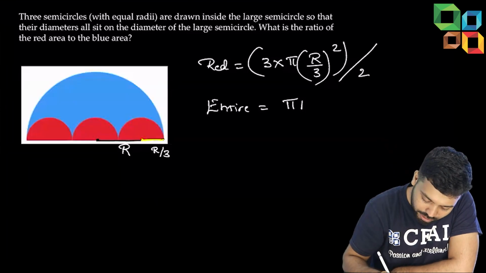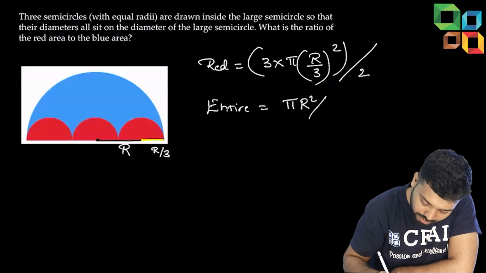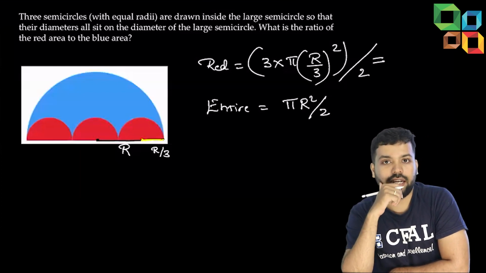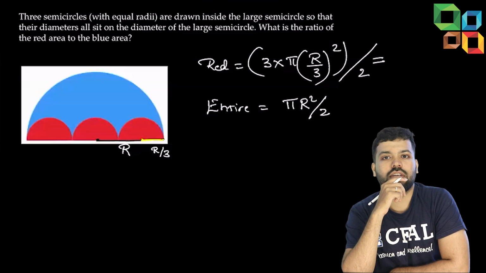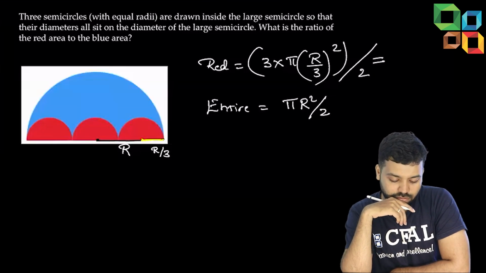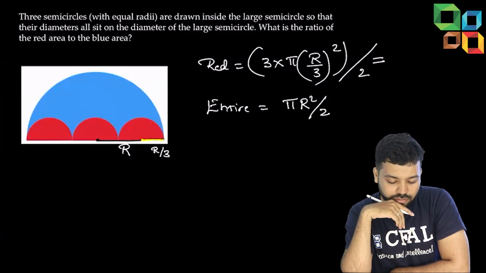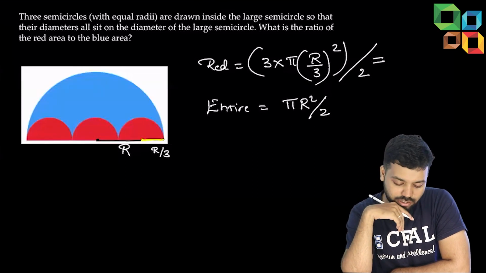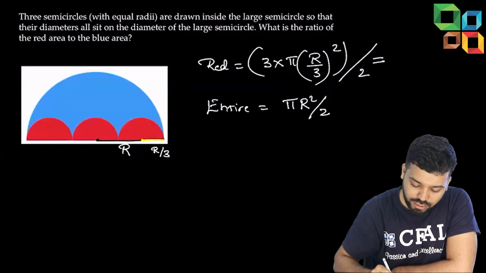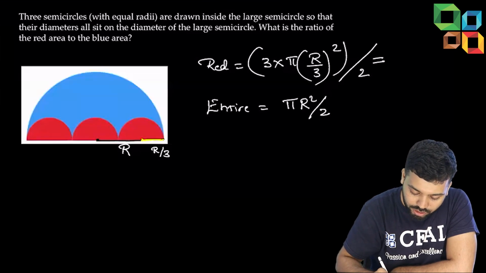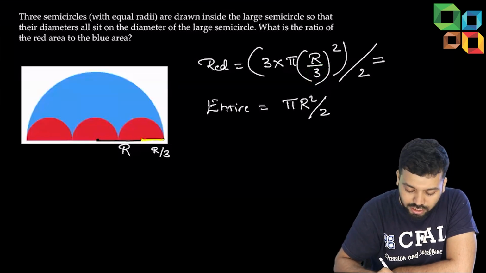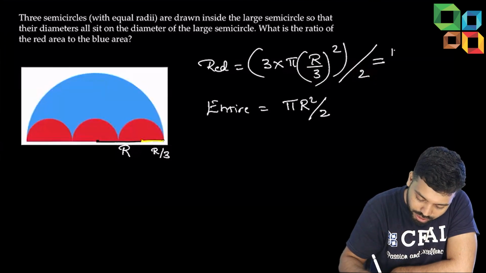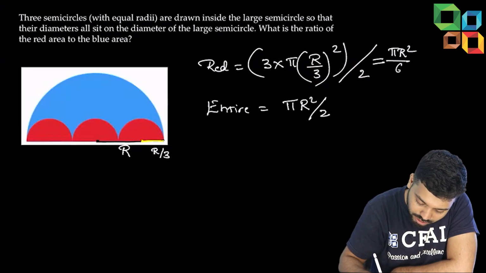So the entire area is pi r square by 2. How much is the red area? Pi r square by 6, because in the denominator we have 3 square, which becomes 9. 3 ones are 3, 3 threes are 9, then we have 2 here, so it becomes 6. Pi r square by 6.